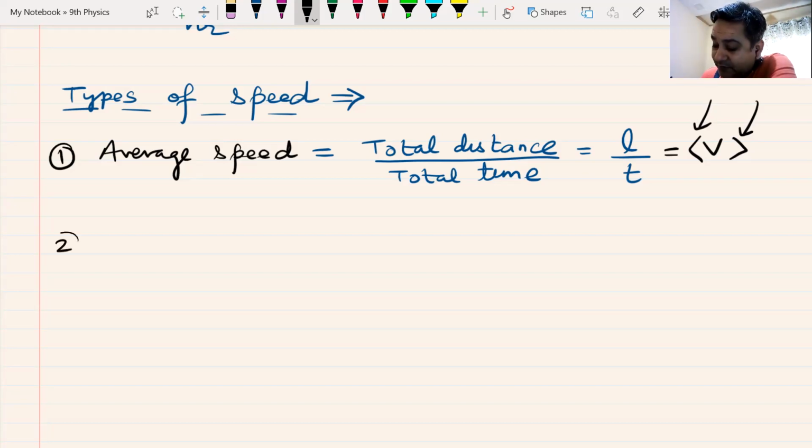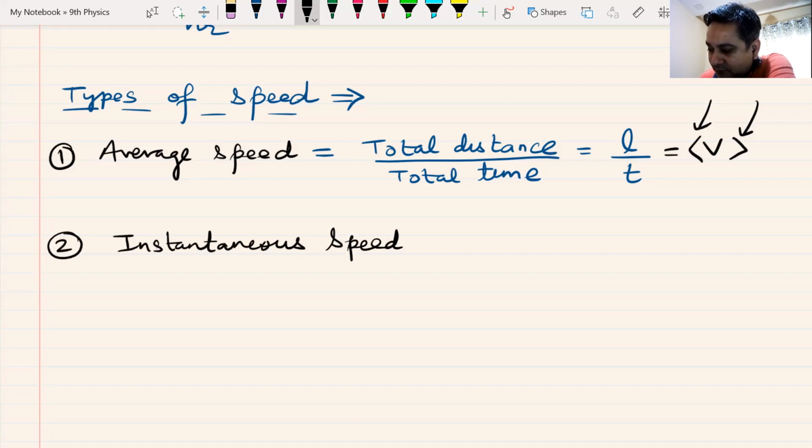The second type of speed is known as instantaneous speed. Now, Kaushiki will tell us what you mean by instantaneous. Yes, so the speed of an object at a particular point in time.